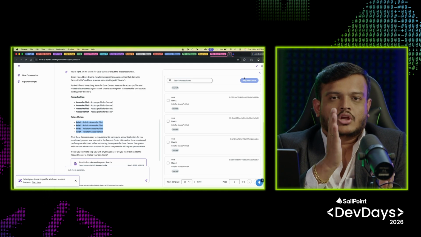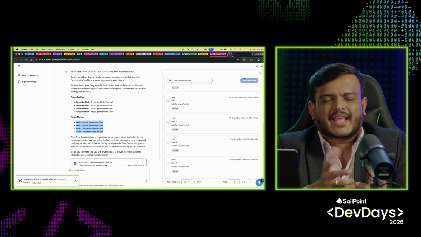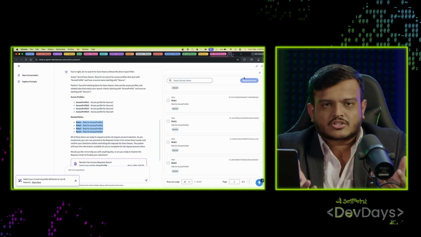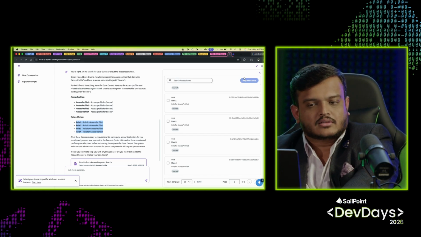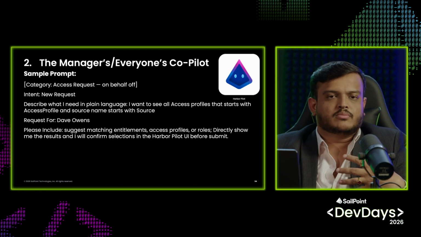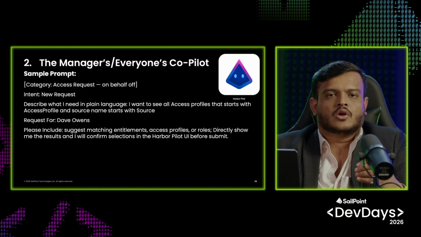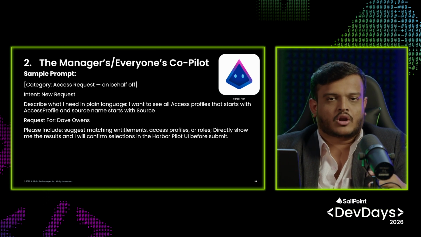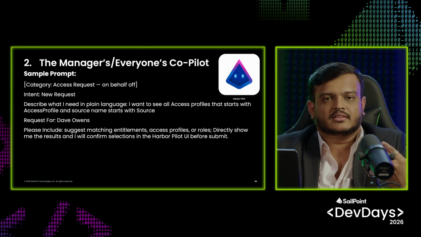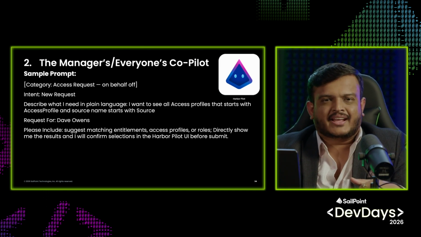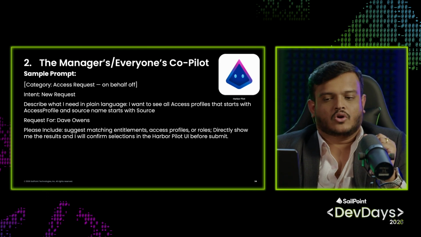It's the quickest, with no searching needed and no need to know the underlying design of your access model, because not everyone who's requesting access will have knowledge of your design model, or it saves their time to just ask it rather than finding it, searching it, etc. So Harbor Pilot does it for you.